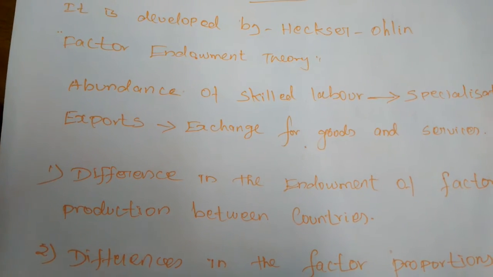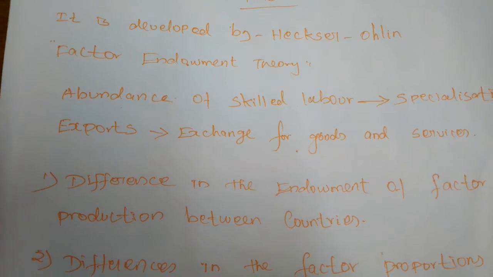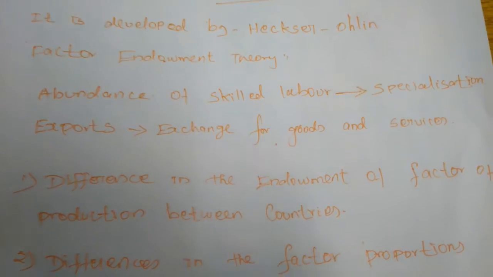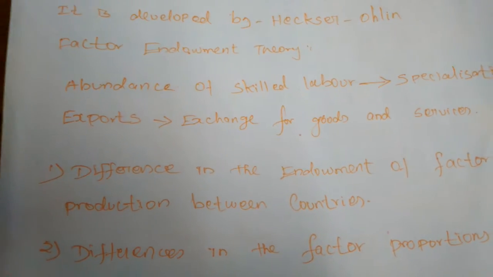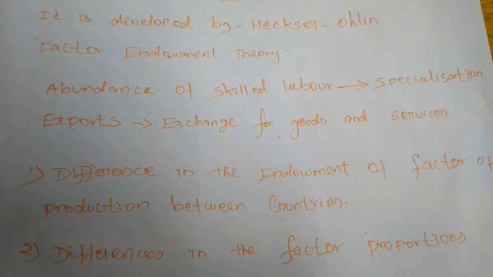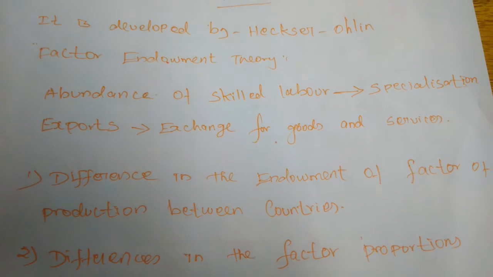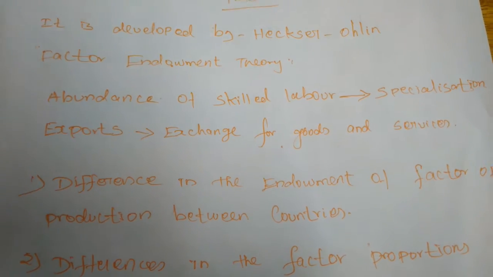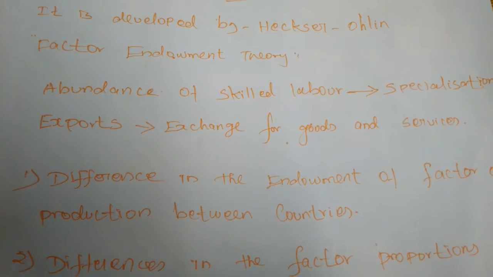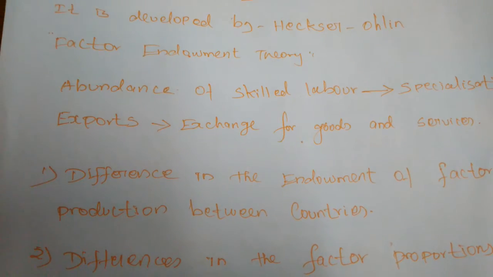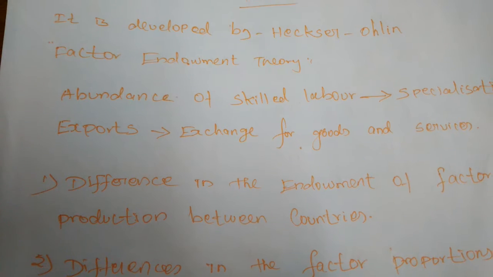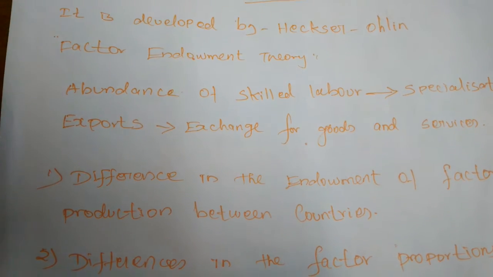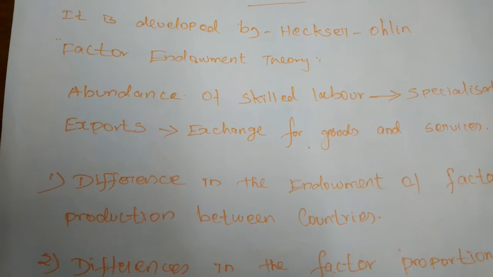According to them, exports embody the abundant factors and imports embody the scarce factors. Exports increase by having abundant skilled labor, abundant factors. Two factors are taken for explaining this theory, maybe labor or capital.